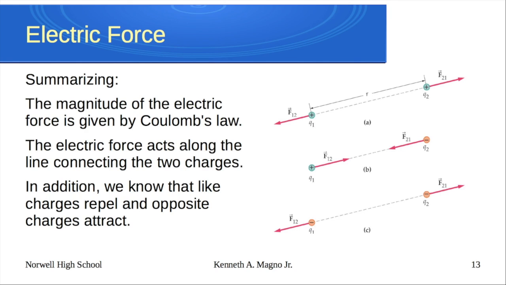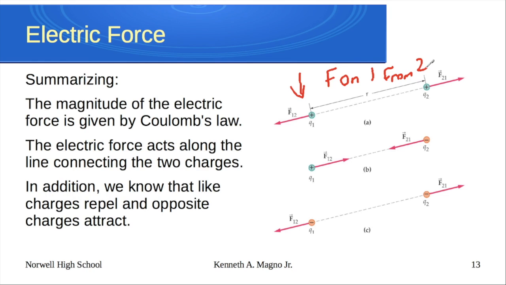So we figure out what the force is on charge 1 from charge 2. If you notice, there are little subscripts up here. What that's basically saying is the force on 1 from 2. That's why it's F sub 1,2.